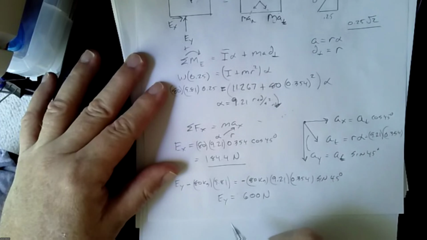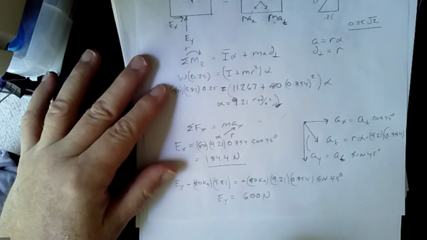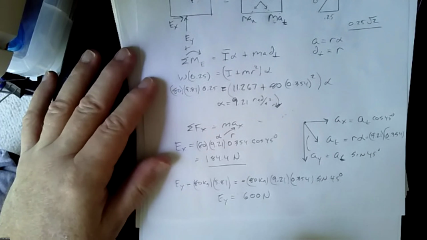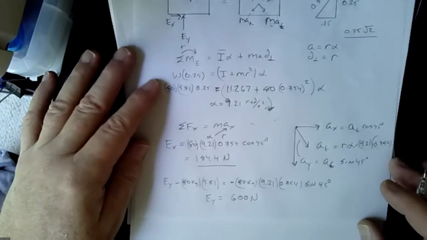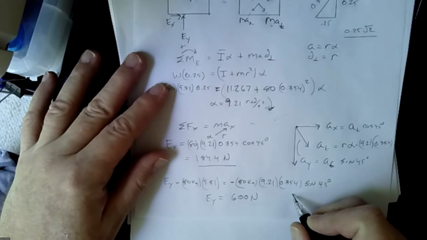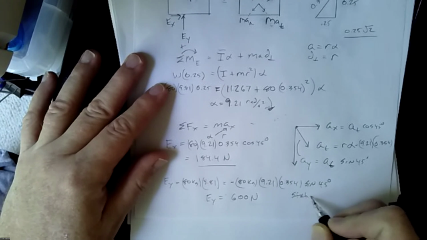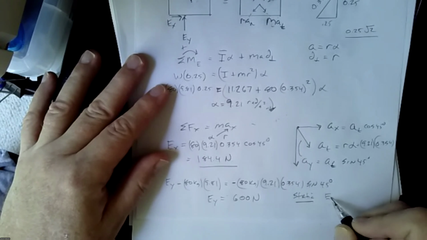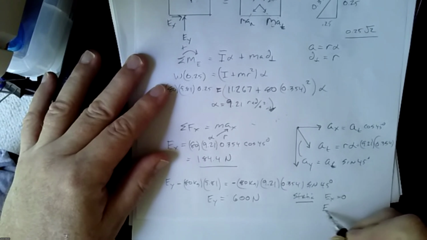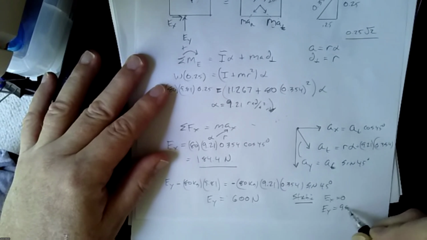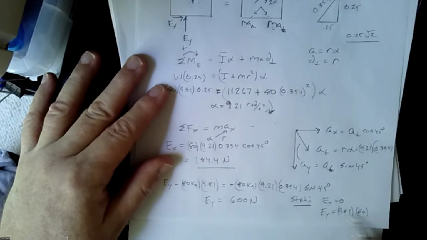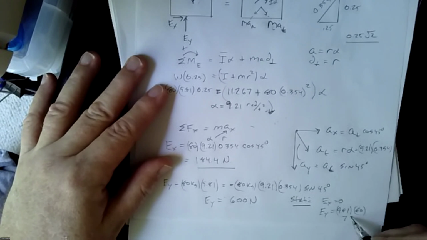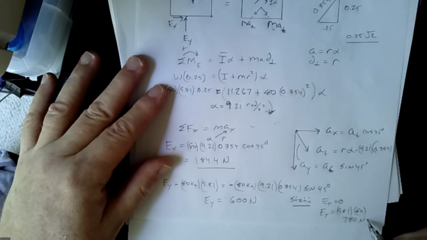So we end up with EY equals 600 newtons. All right. And if we think about if it were static, it would be 80 kilograms times 9.81. If it was static, EX equals 0, and EY would equal 9.81 times 80, which, if we round that to 10, is about 800, or about 780 newtons thereabouts.